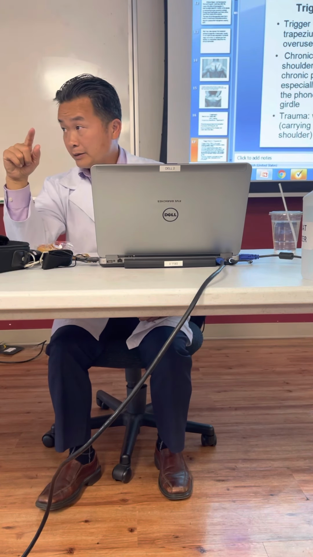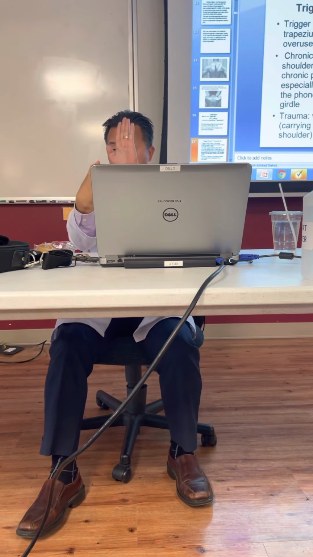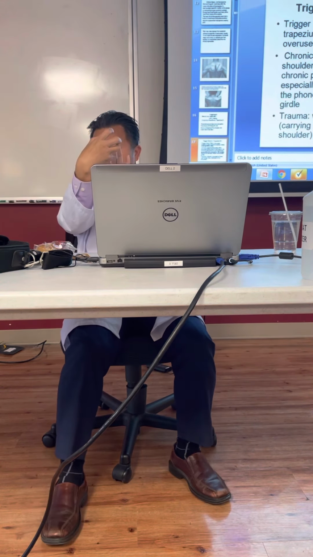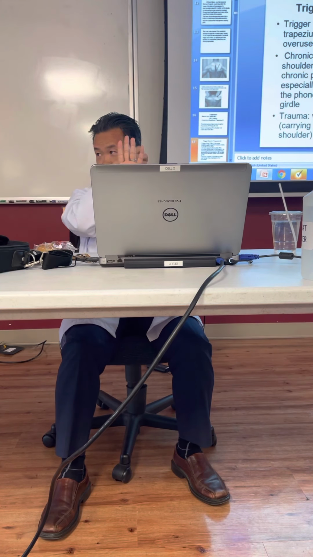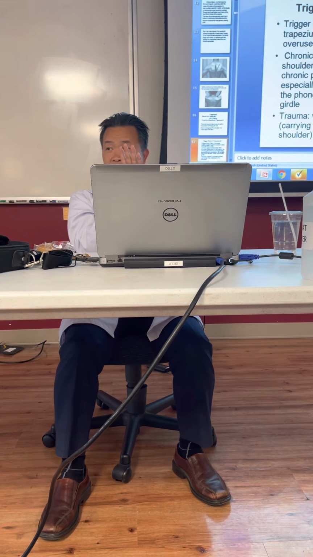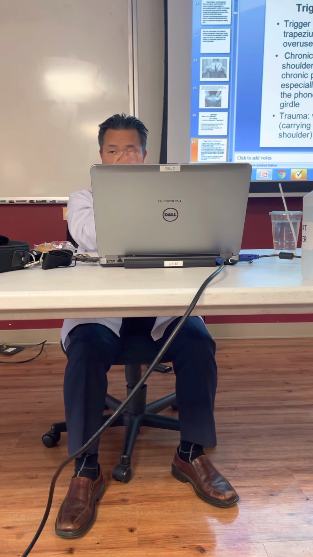PLL stands for posterior longitudinal ligament, the one that stabilizes the inside, behind your vertebral body. It's a very tough ligament. It is very important because it prevents the disc from going into your spinal cord. So when people rupture that ligament, it can be very dangerous because your disc can protrude into the spinal cord and damage it.